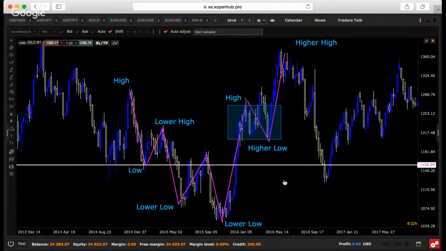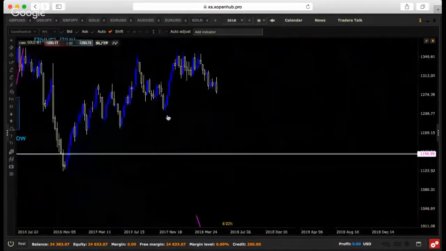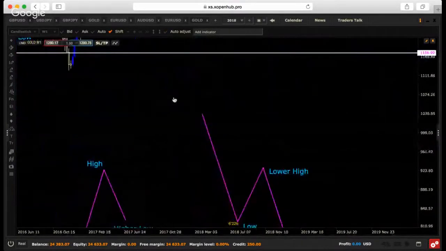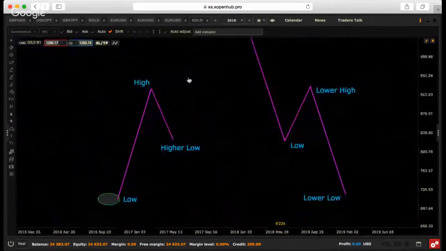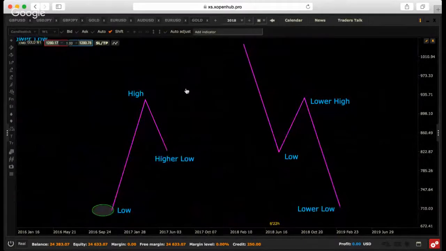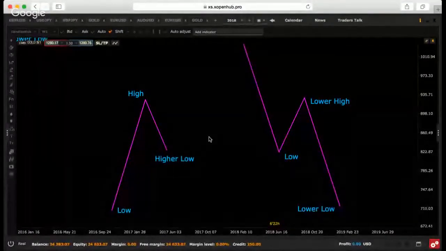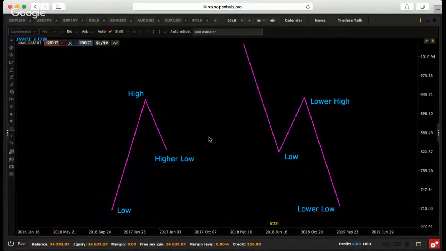So I'm going to get us over here to a place on these that I have marked for us, and we are going to talk about these moves. So we have a low, a high, and a higher low, okay? What do these mean? We've talked about what an excitable move means, okay?